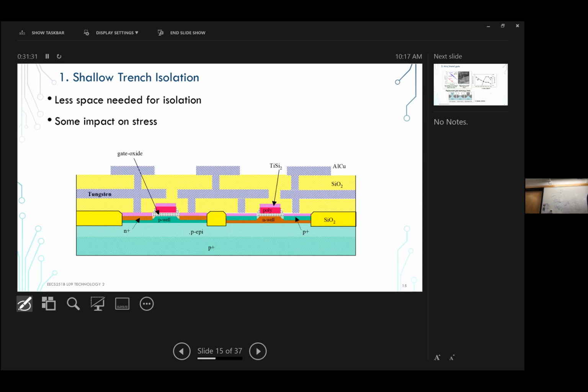Notice that in the same process, they're going to just dig deeper with that hole there. It looks good because this is lithographically defined, and it can be fairly tight. What's the issue with that trench?